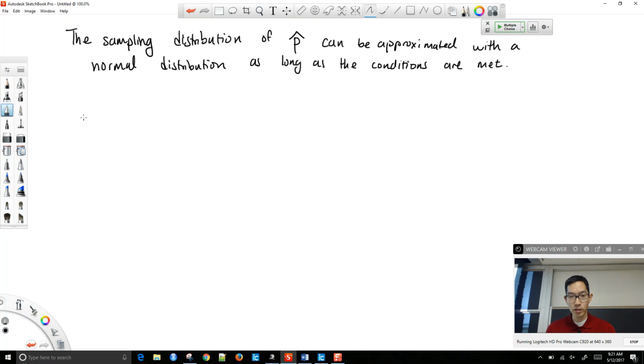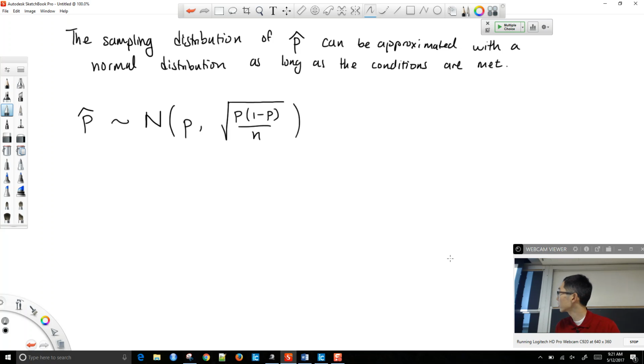And we might say something like p hat follows a normal distribution with mean p and standard deviation the square root of p times 1 minus p divided by n. When we are talking about the standard deviation of a sampling distribution, we might also call this the standard error.